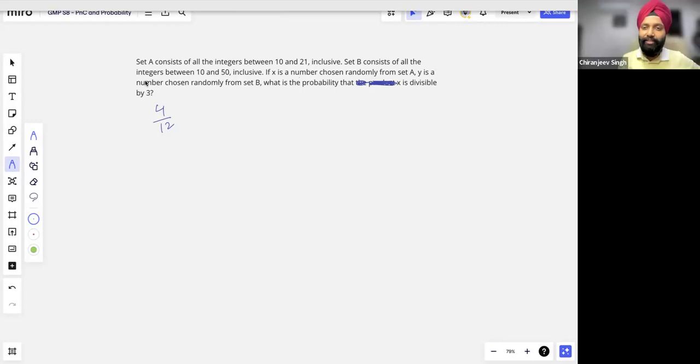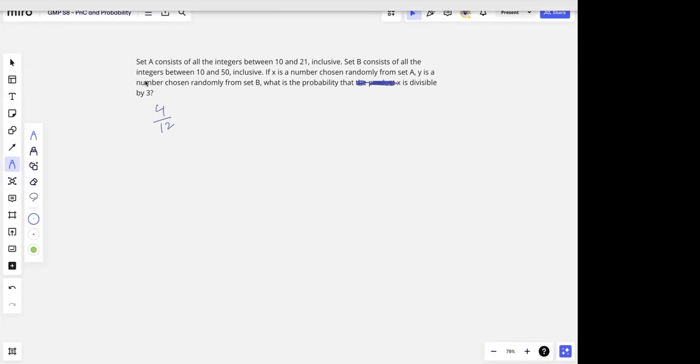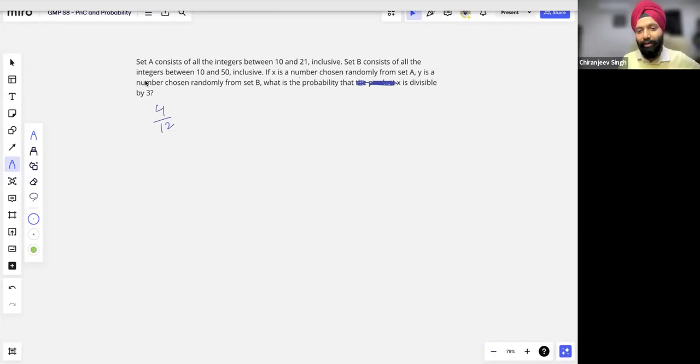Like, is there a constraint on y? We want a specific kind of y? No. We can then take y can be anything than 1.